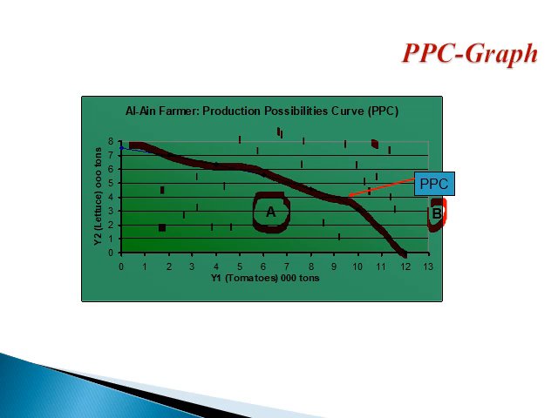Anything to the right of that line or above that line is impossible because I don't have the resources to produce it. But anything on the line is great. It means that this is the maximum output. Anything on that line shows you the maximum output that you can get from the amount of resources that you have.